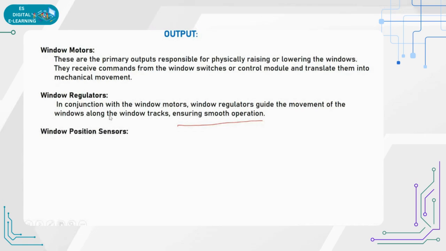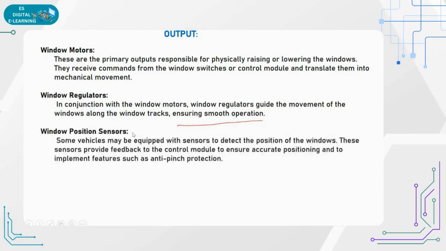And window position sensors. The sensor detects if any object is in between the window, and it will give the feedback to the cluster. So what is the position, what is the obstruction, if any failures are there, that will be given as a reading from the sensor.